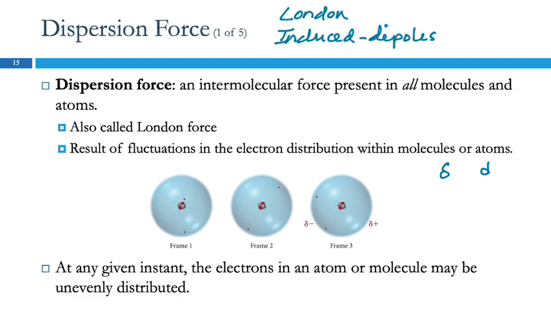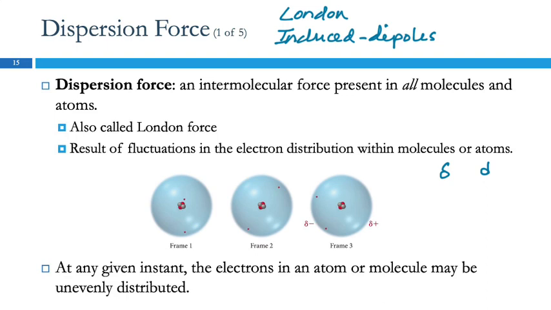That means a partial charge. So this is not a -1 and a +1 charge. This might be a -0.1 charge, and a plus 0.1 charge. These are small charges. But at any given instant, the electrons in an atom or molecule can be unevenly distributed.